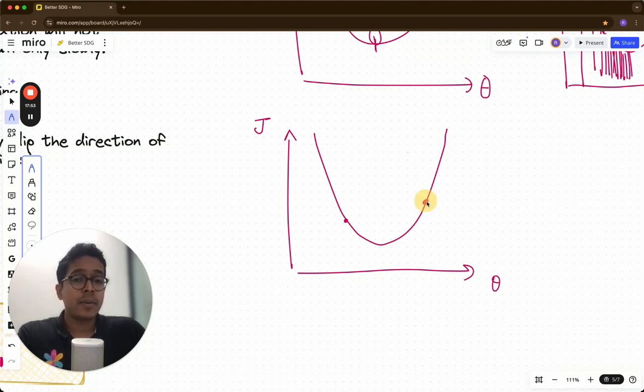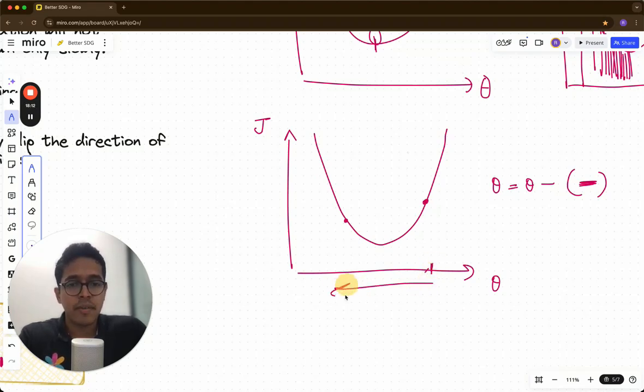Then from here you have a positive slope, which means theta is equal to previous theta minus some positive number, because the slope is positive, which means theta will decrease. But theta will decrease by such a big extent that you may end up reaching here. So theta can go from this value all the way till this value of theta.